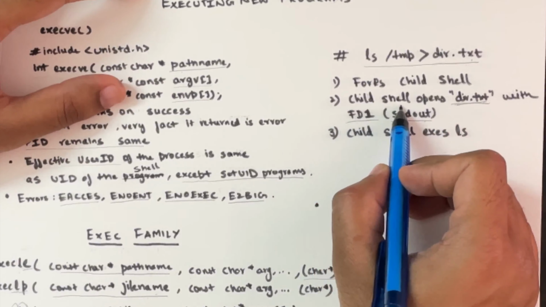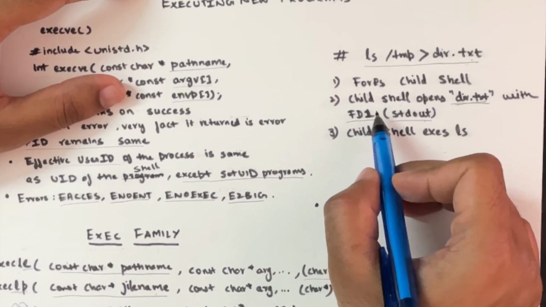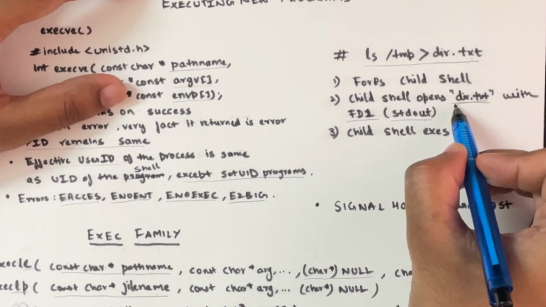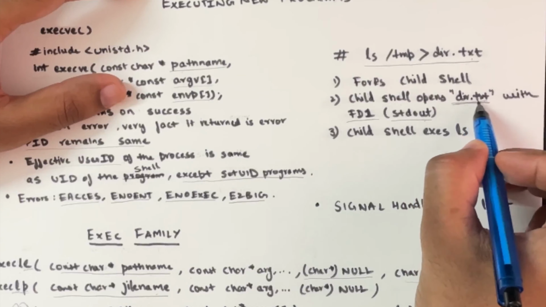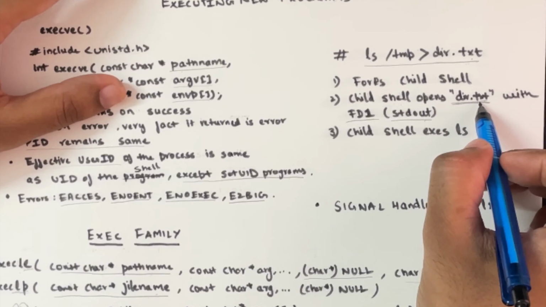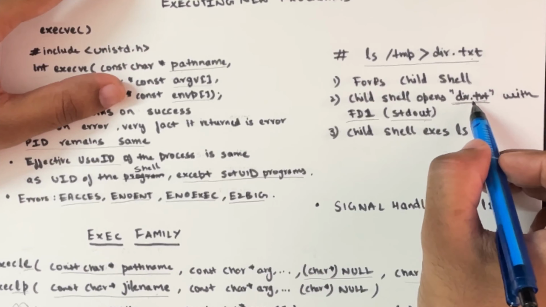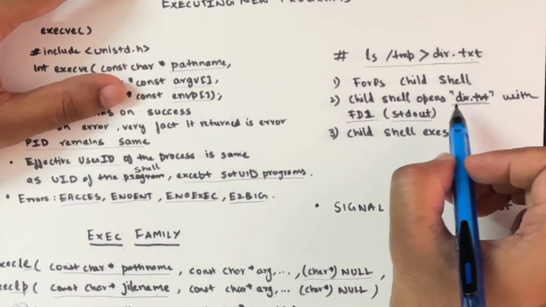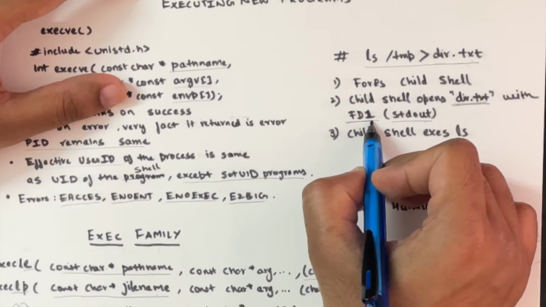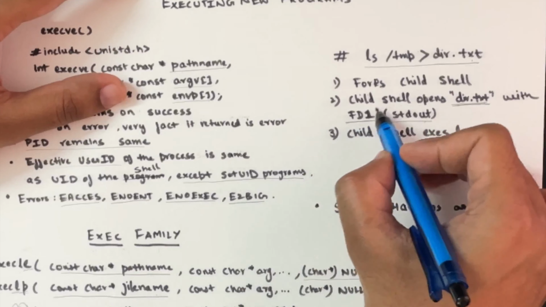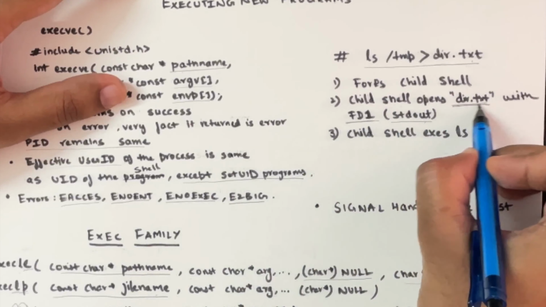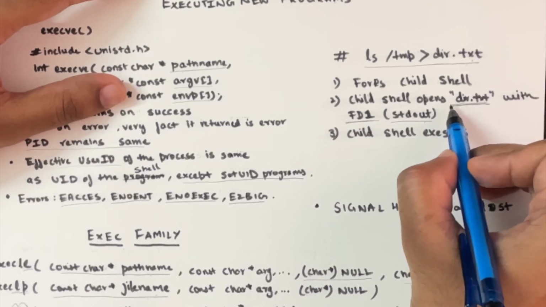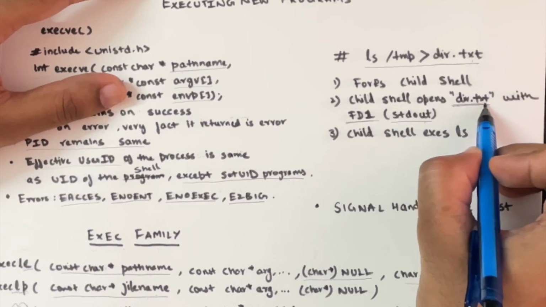The child shell would first close the file descriptor 1 and then open a new file descriptor to dir.txt. Kernel would always assign the lowest numbered file descriptor for the open system call. Now, since the file descriptor 1 has been closed, the subsequent open system call for dir.txt would assign fd1 for dir.txt.